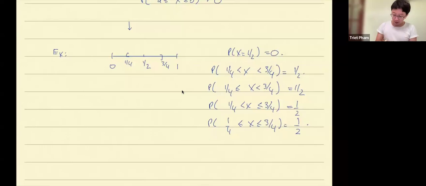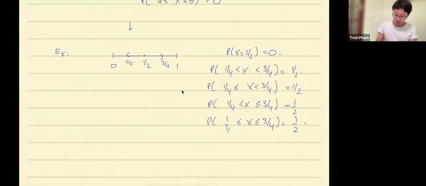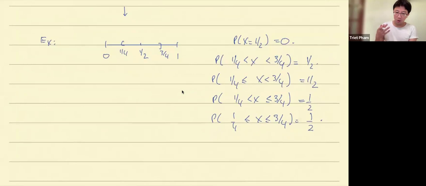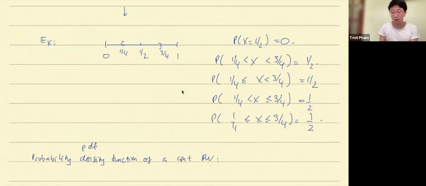And so the object to control or to understand about a continuous random variable is called the probability density function of a random variable. First of all, this will be referred to as PDF. It's just the name.